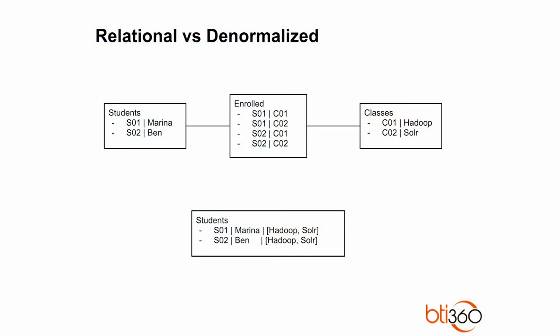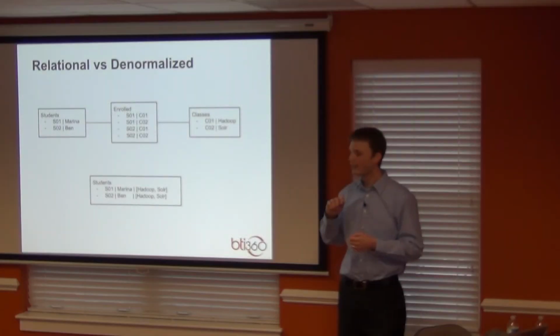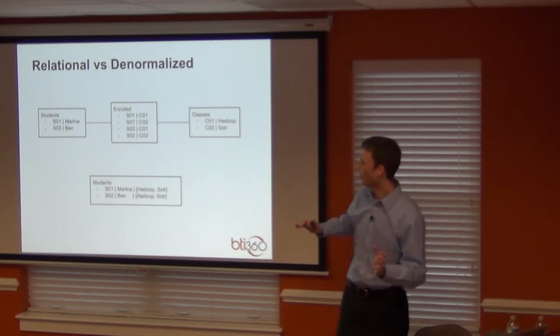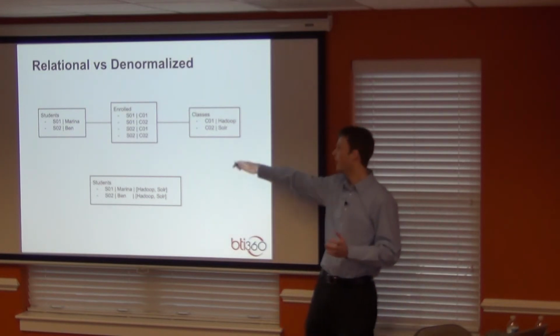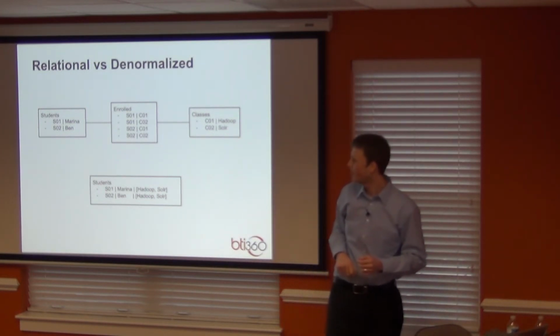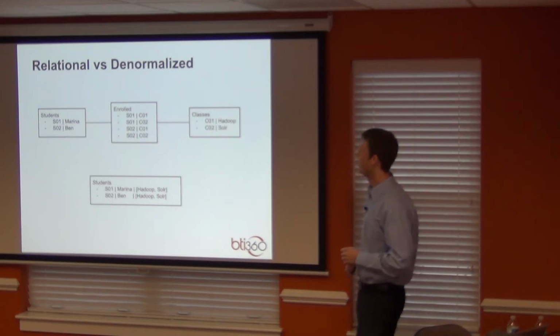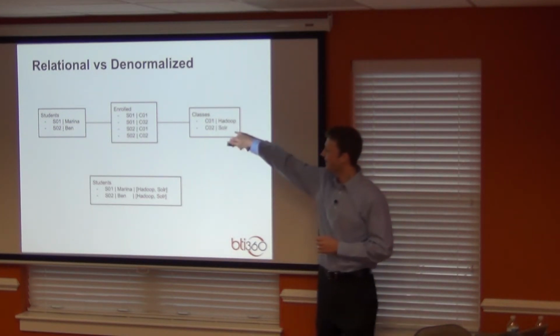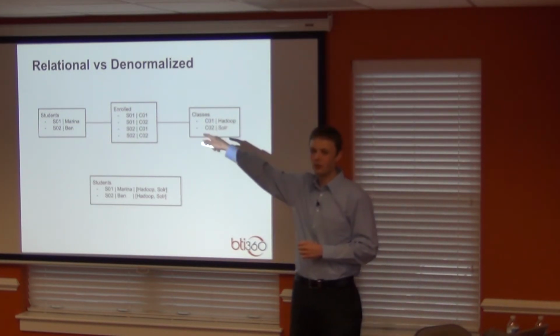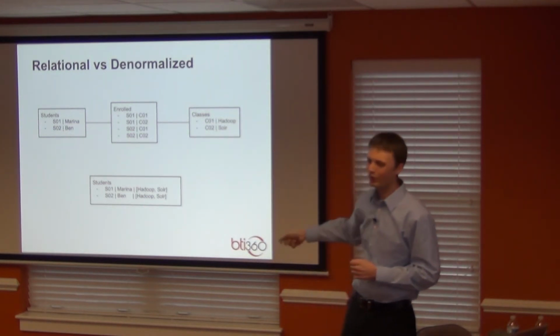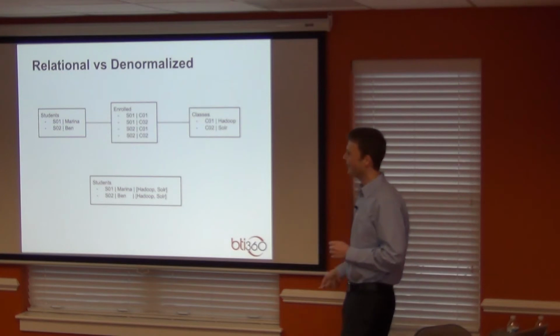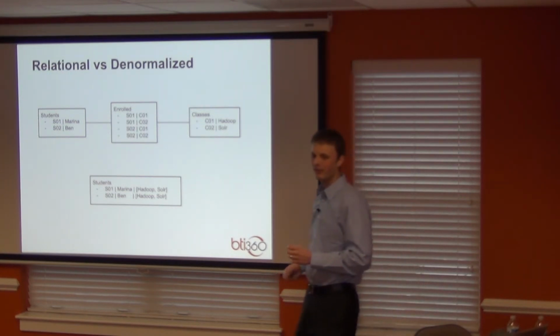All right, relational versus denormalized. This is the concept of going from MySQL down into Lucene speak, right? So up here we've got students, we've got Marina and Ben, shout out, right? We've got our classes table, and now we have to have a join table. If we have a lot of these join tables, it gets pretty slow, pretty quick.